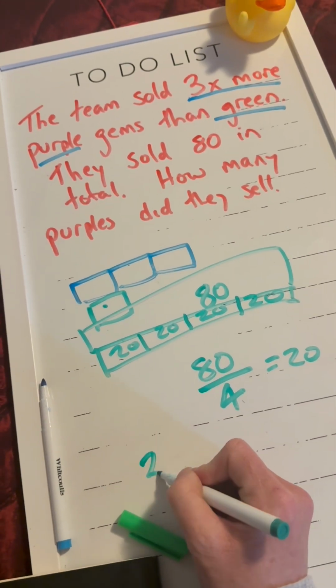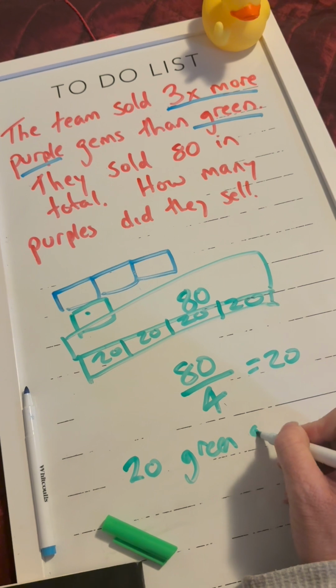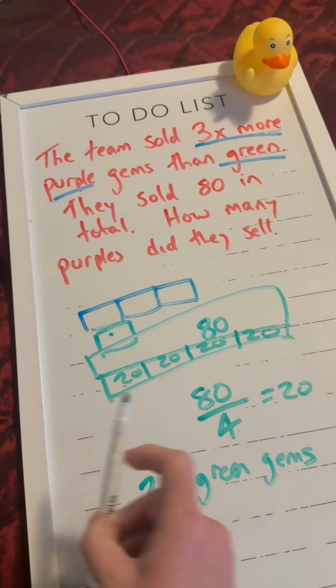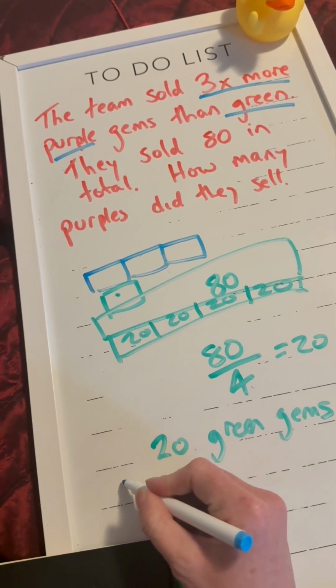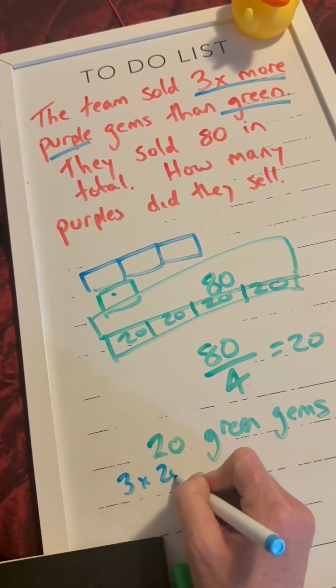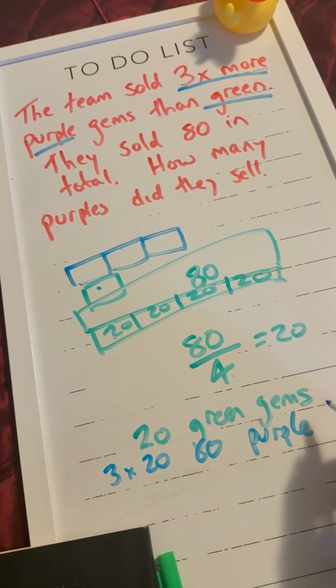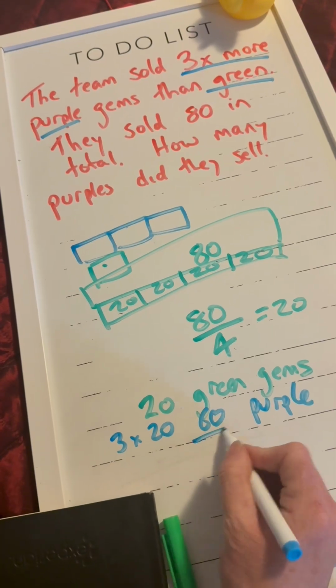So if we sold 20 green gems and we sold 3 times more purple gems, then 3 times 20 is 60 purple. And we can double check our work because 20 plus 60 is 80.